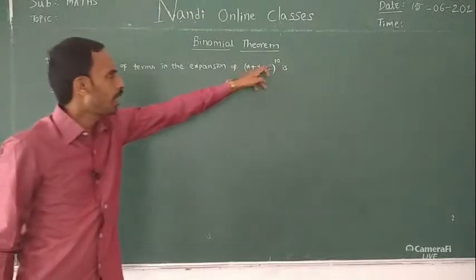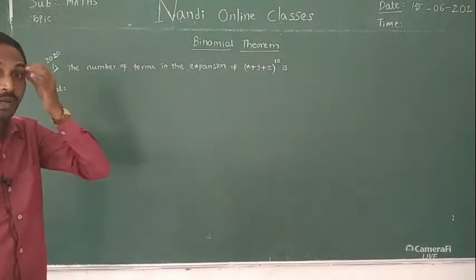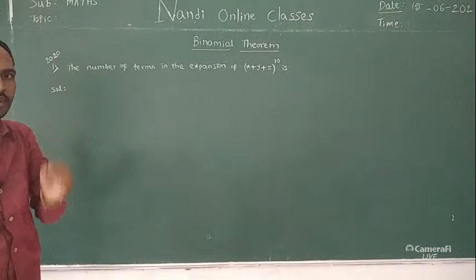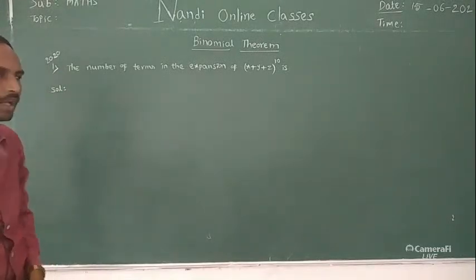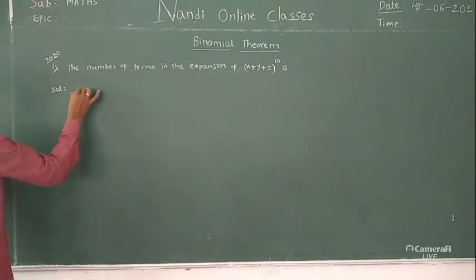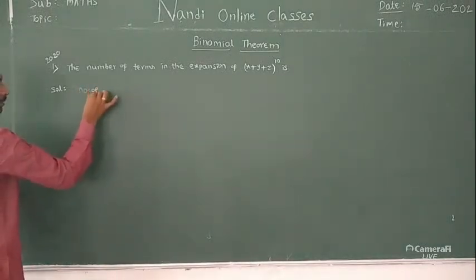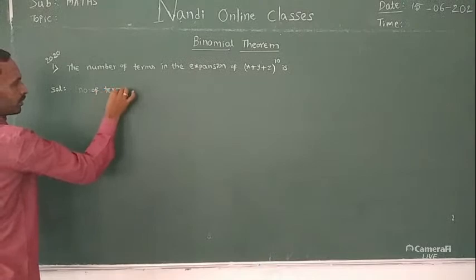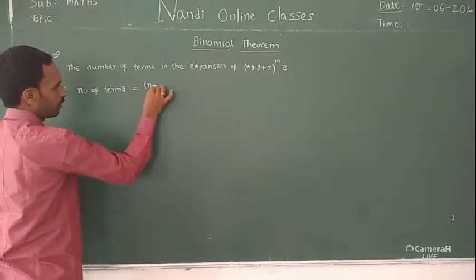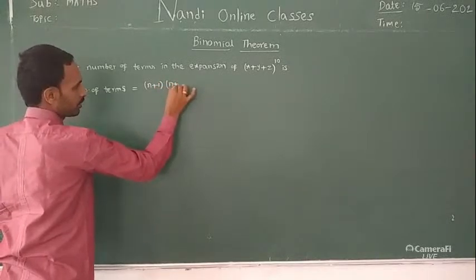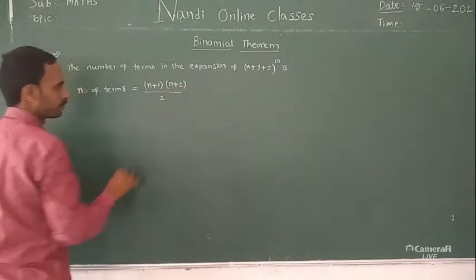Here n value is 10. So the number of terms formula is (n plus 1) into (n plus 2) by 2.